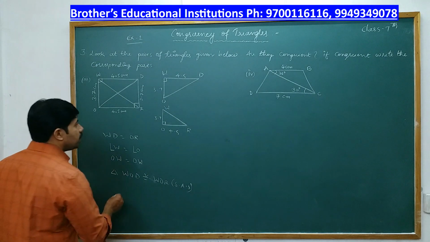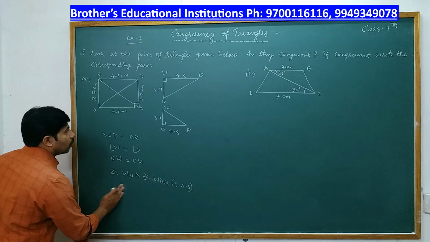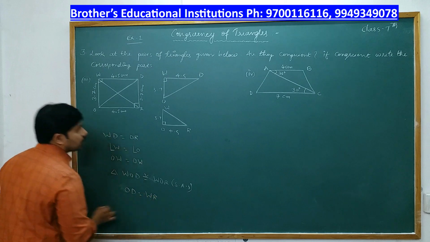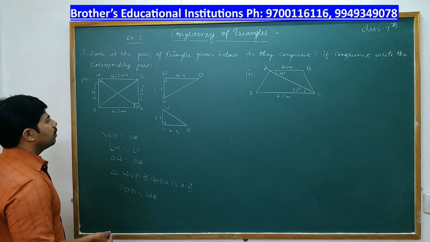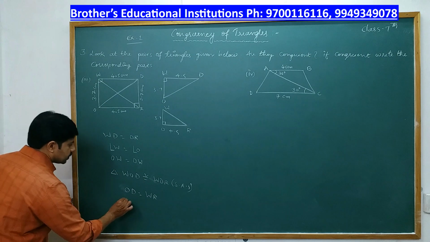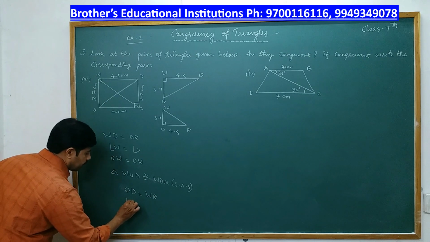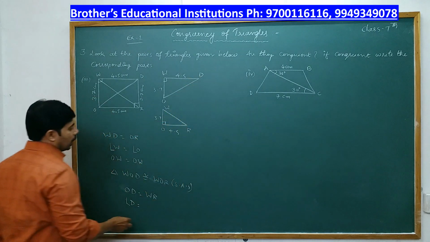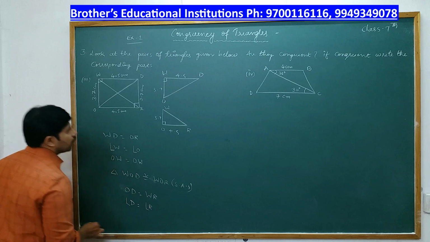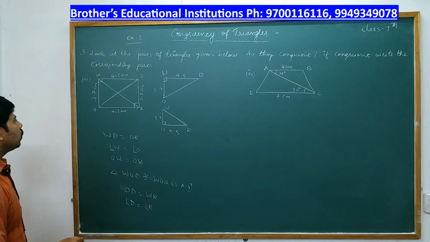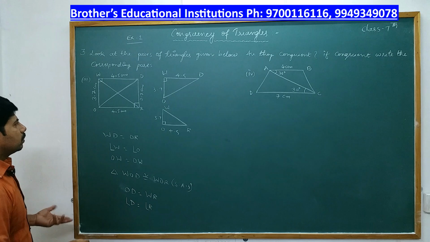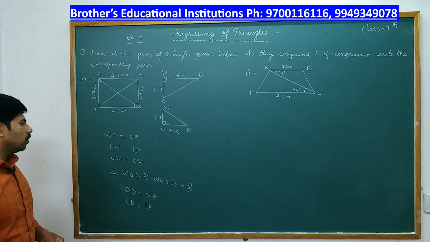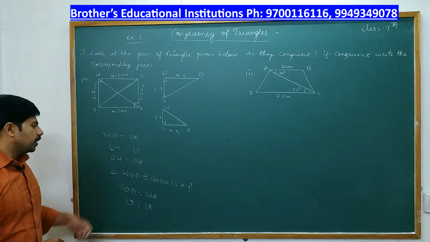We can write OD is equal to WR, and also we can mention the angles, that is angle D is equal to angle R. That's all. So OD is equal to WR, angle D is equal to angle R. Okay, so this is completed.